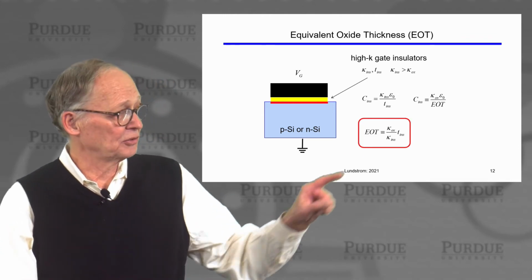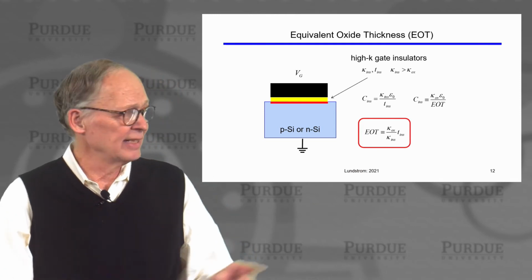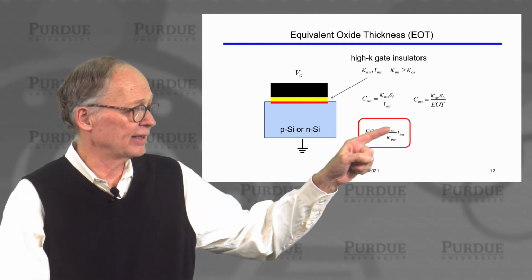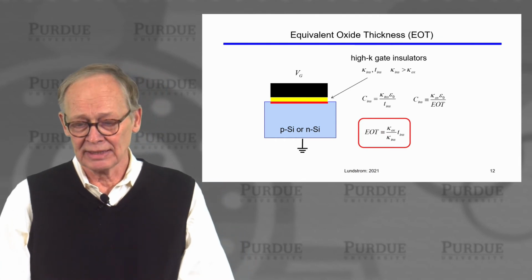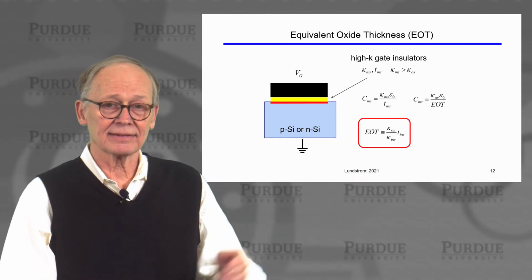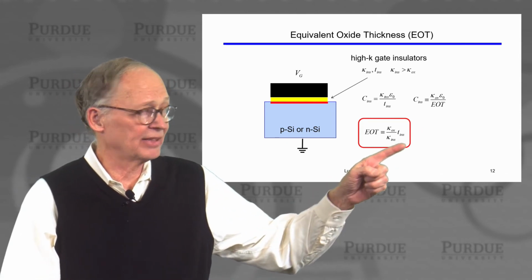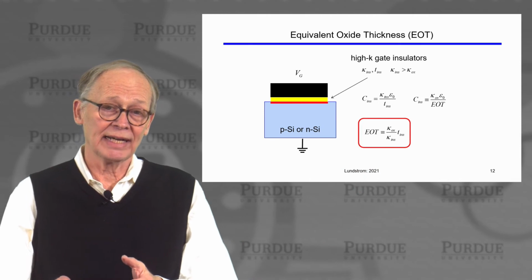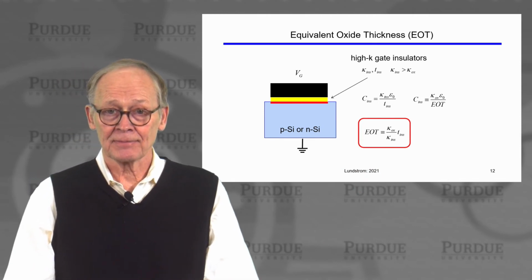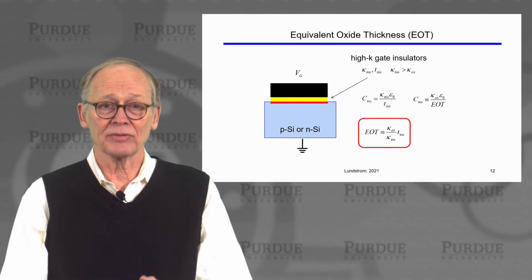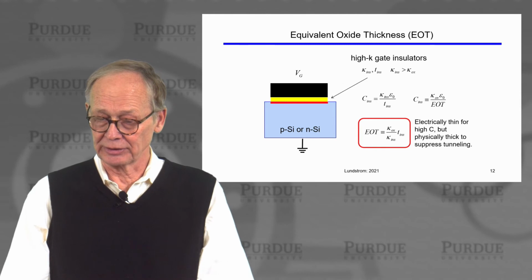And you can just set these two expressions equal, and you can see that the equivalent oxide thickness is just the ratio of the dielectric constant of silicon dioxide, about 3.9 or 4, to the dielectric constant of this insulating layer that we're using, times the thickness of the oxide. So what we'll find is that a relatively thick insulating layer will be equivalent from a capacitance perspective to a very thin SiO2 layer.